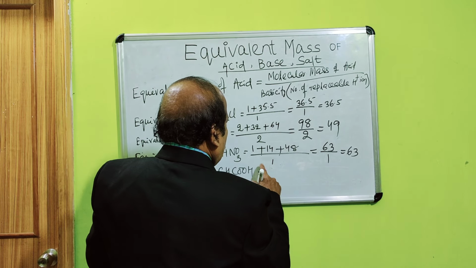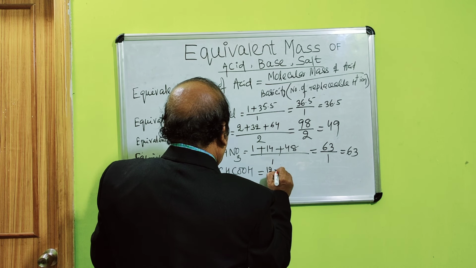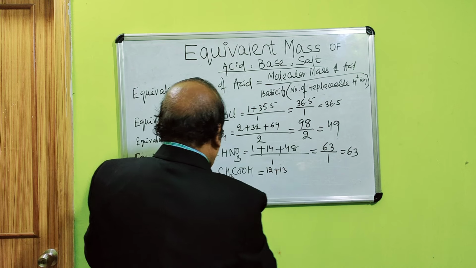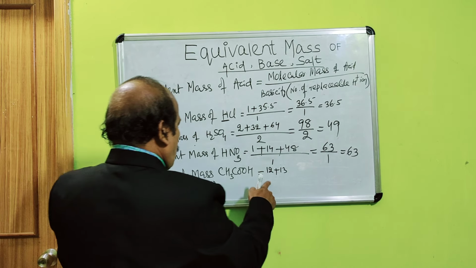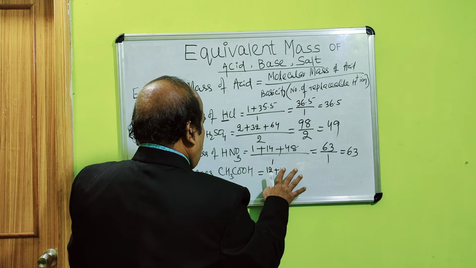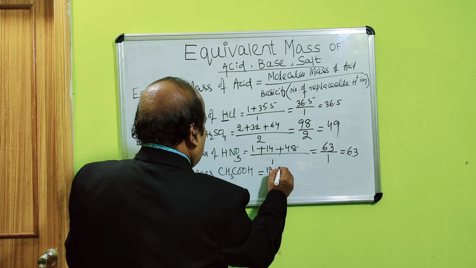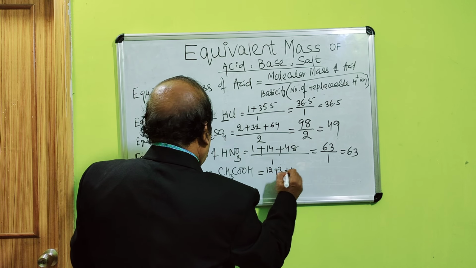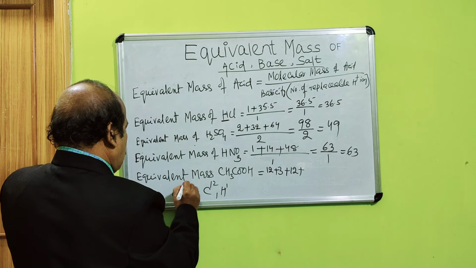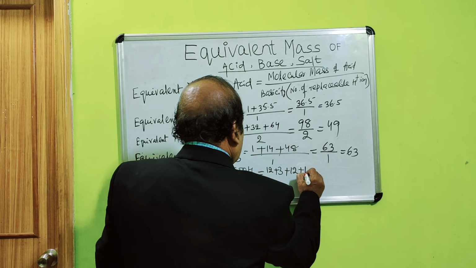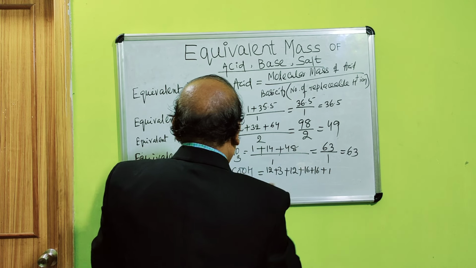So its molecular mass is 12 plus 1, because carbon has atom number 6, mass number 12. So 12 plus hydrogen 1, so 3, plus again carbon 12, plus oxygen 16, plus 16, plus 1.